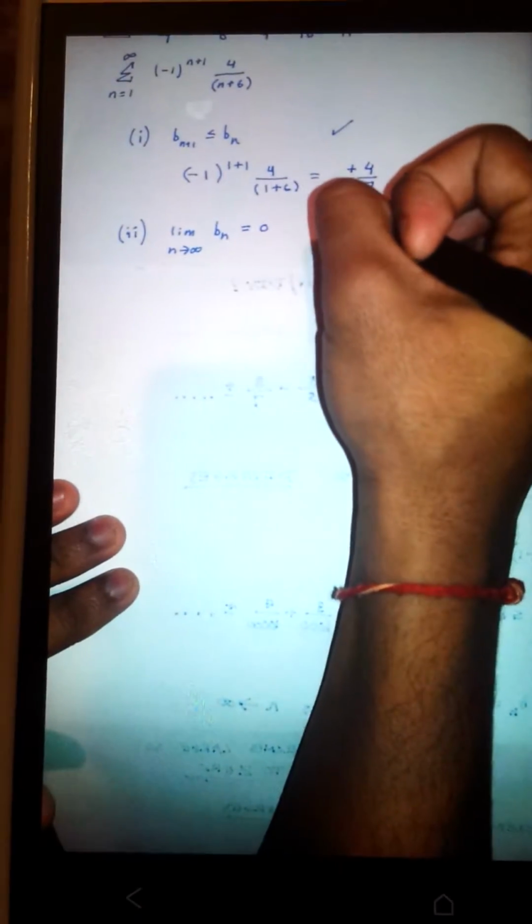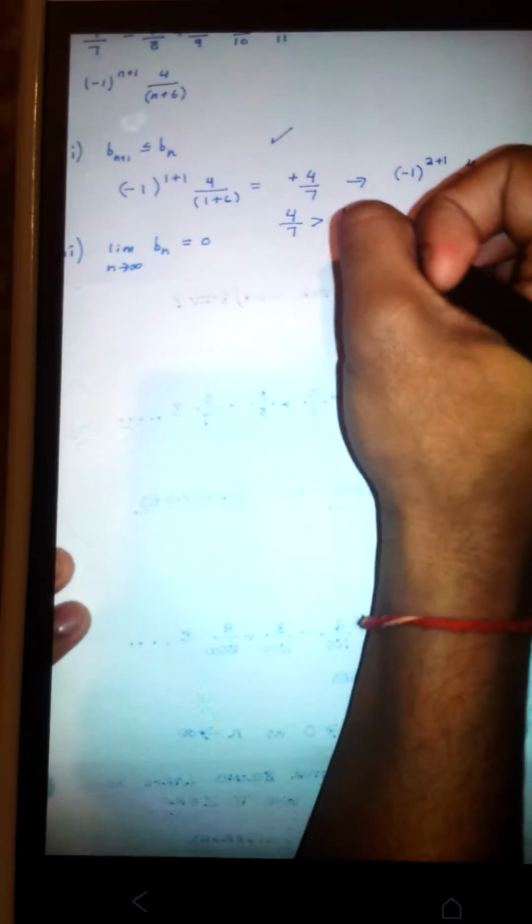So that holds true for this equation. And so if you look at the absolute values of each number, they decrease because 4 over 7 is greater than 4 over 8, which is greater than 4 over 9. So therefore this function decreases.